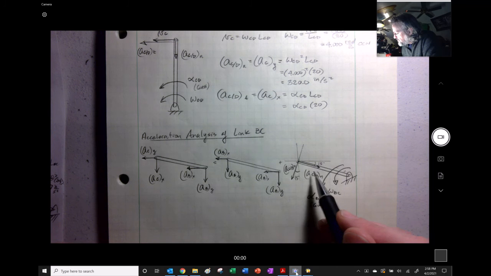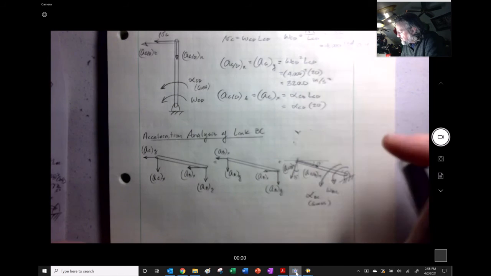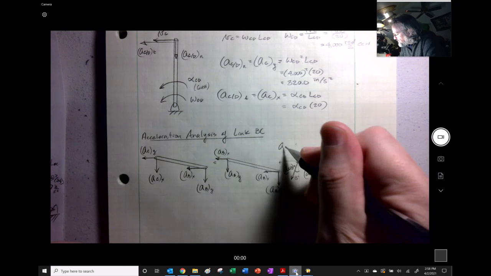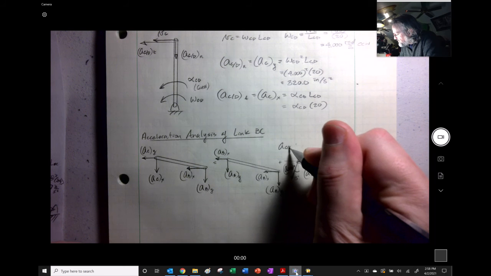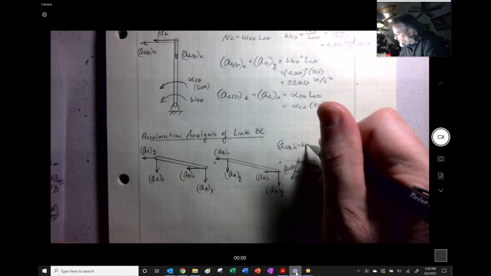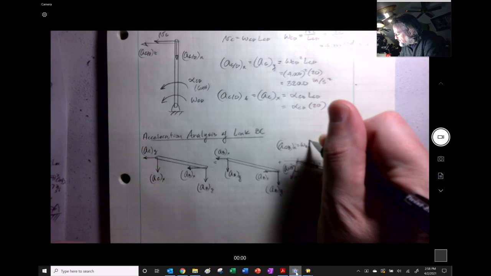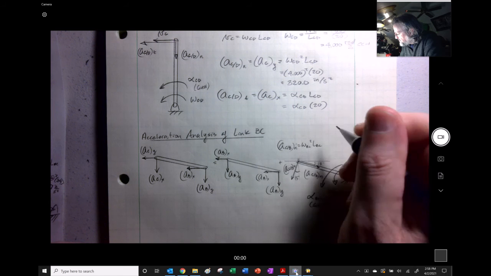Now, sometimes I'll write it out over to the side up here. Acceleration of C with respect to B in the normal direction is omega BC squared times LBC.